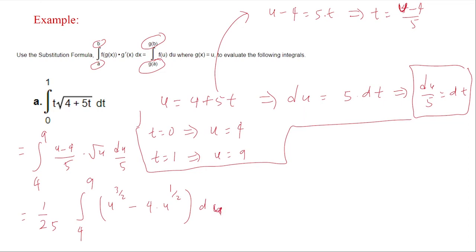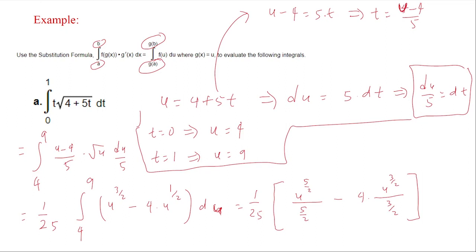Okay, so it will be 1 over 25. If we use the power rule for the first one, it will be u to the power 5 over 2 divided by 5 over 2. And for the second one, 4 times u to the power half plus 1, which is 3 over 2, divided by 3 over 2.